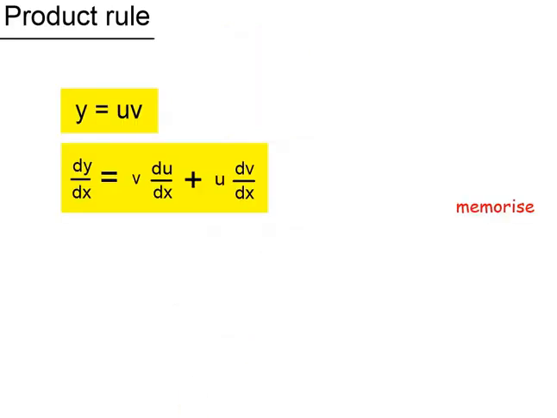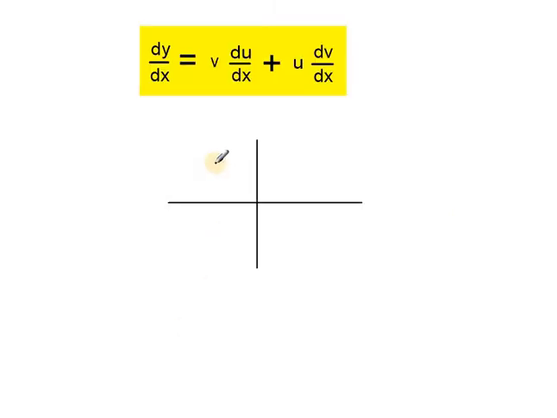This is the actual formula for the product rule for differentiation, this formula here. But in most cases you don't need to write this formula down before you can apply it. There's actually quite a simple way of doing so. You write down one of your functions of x here, function u, and the other function of x here.